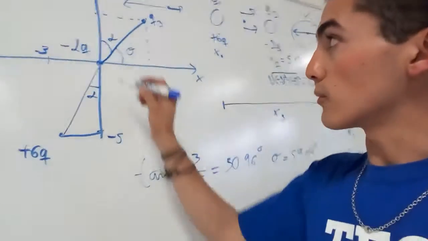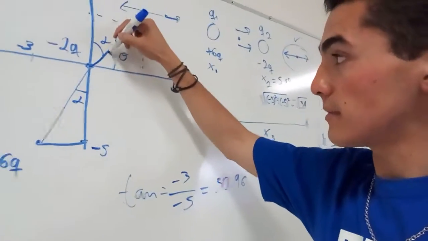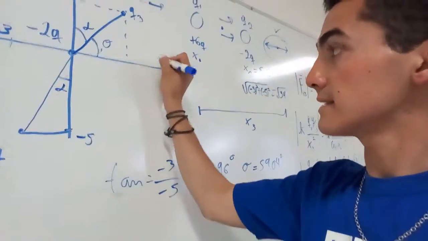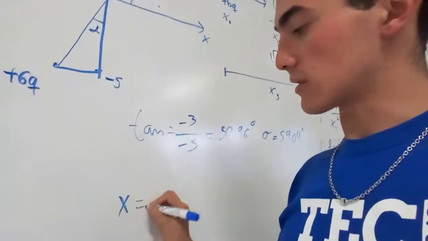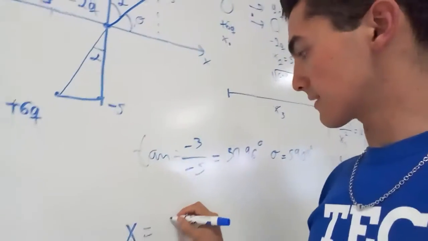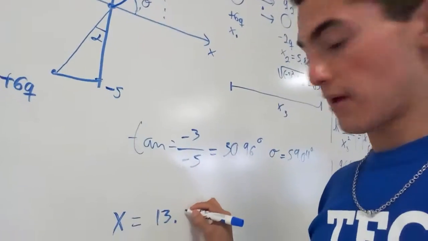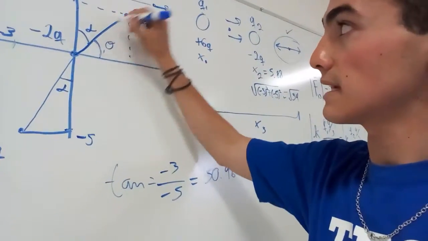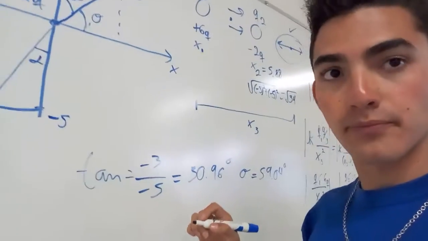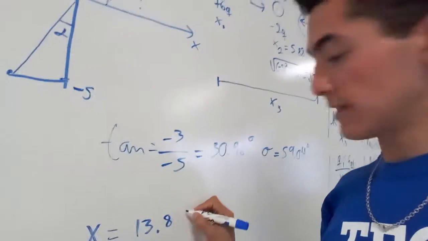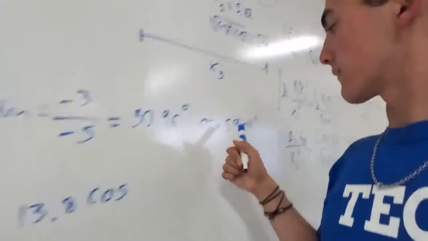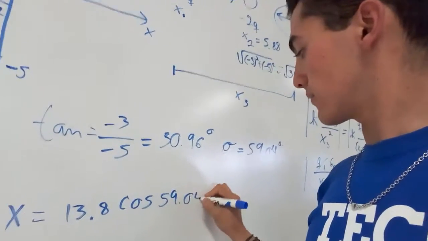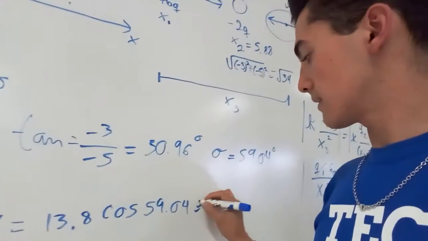Once we know the value of theta, we want to obtain the coordinate in x and the coordinate in y. So the coordinate in x will be exactly the distance x3, 13.8, times the cosine of theta, that was 59.04, and this will be more or less 7.